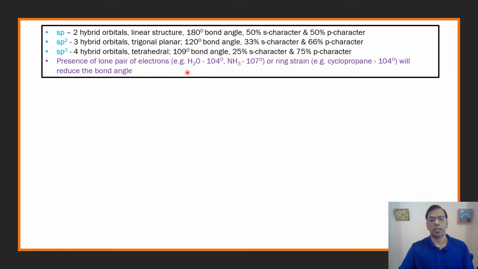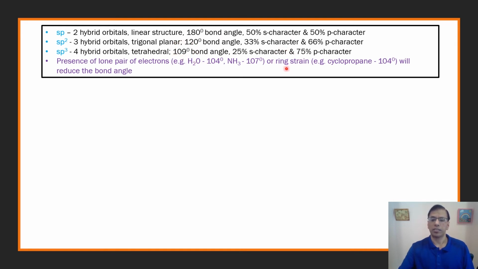Let's consider the example of water. In water, the oxygen atom is sp3 hybridized, but it has two lone pairs of electrons, and these make the bond angle a little bit different. The resulting bond angle in this case is 104 degrees, which is a little bit far away from 109.